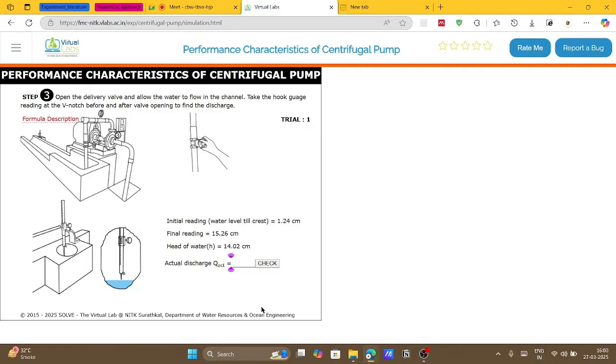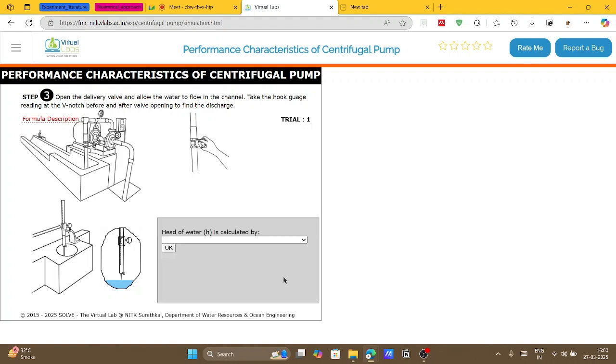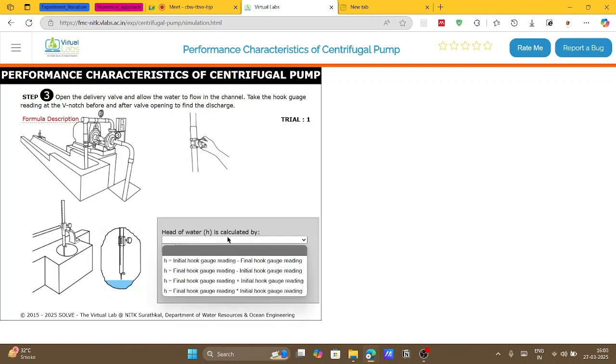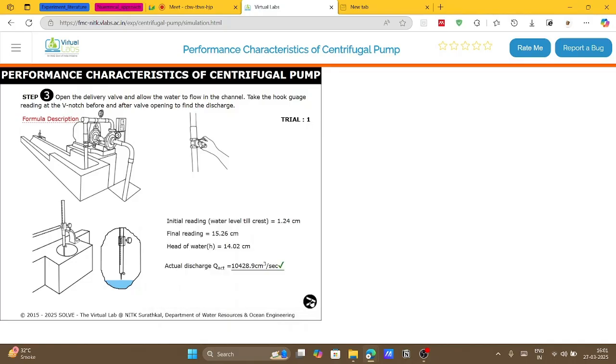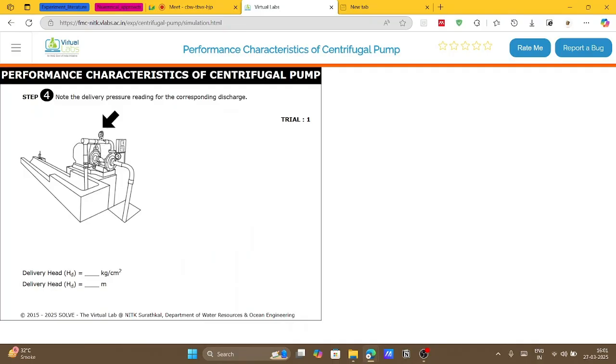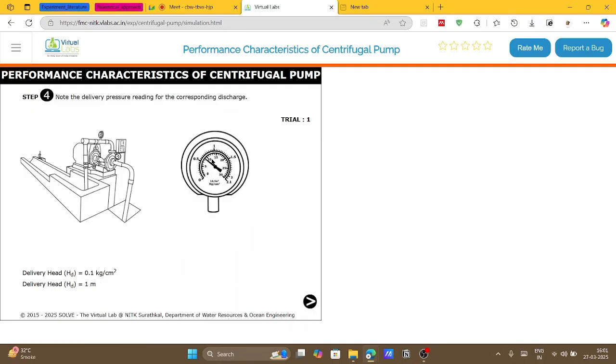So the value that we are getting is 10428.93 centimeter cube. There are some questions and answers. So head of water is calculated by final hook gauge reading minus initial hook gauge reading, right? Now note down the delivery head pressure. So this is coming as 0.1.